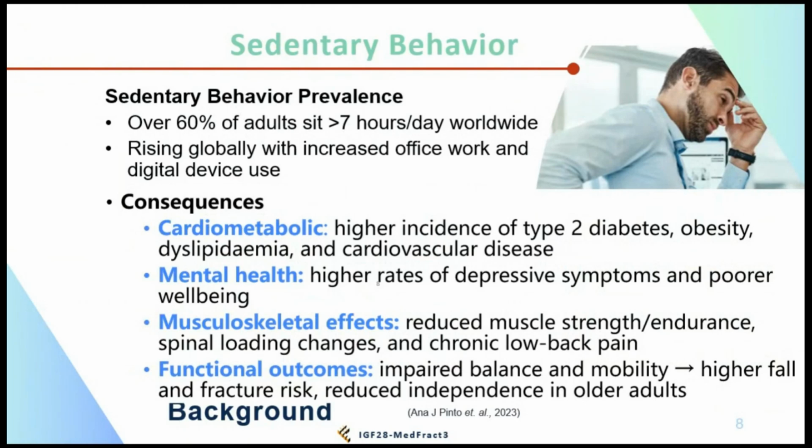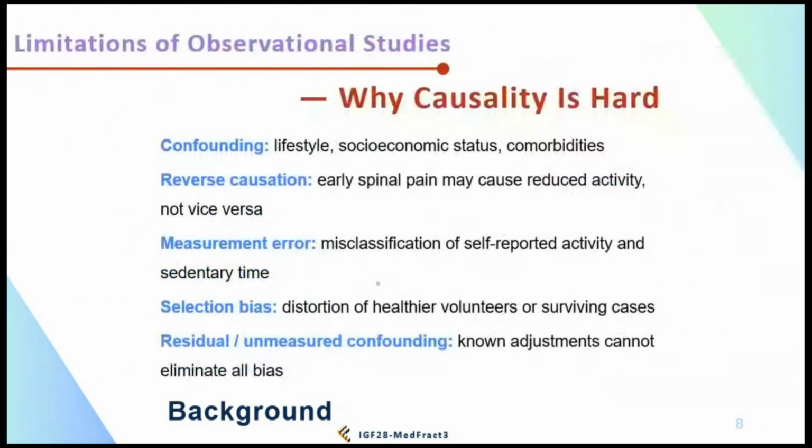Functionally, inactivity may harm balance and mobility, increase the fall and fracture risk, and reduce independence in older adults. But it's still hard for us to draw a conclusion that higher sedentary time results in a higher risk of bone fractures. Why? Because observational studies have limitations on causal inference.